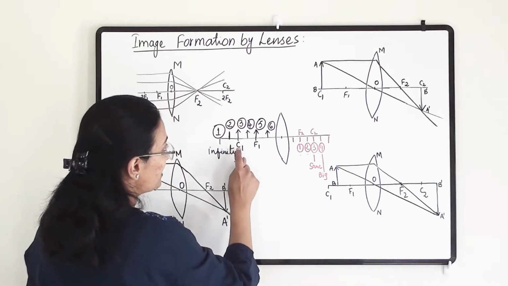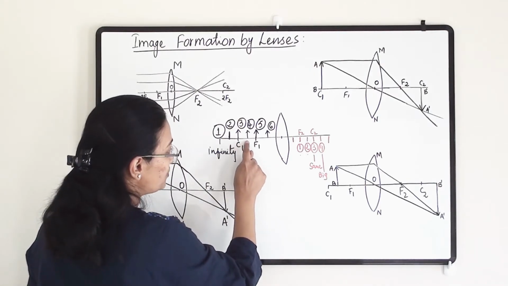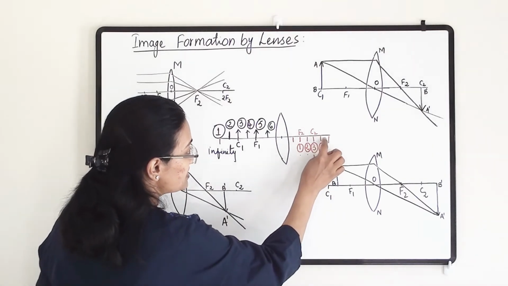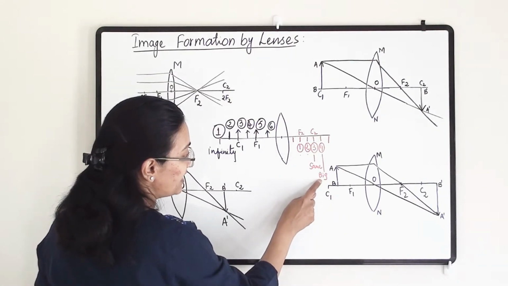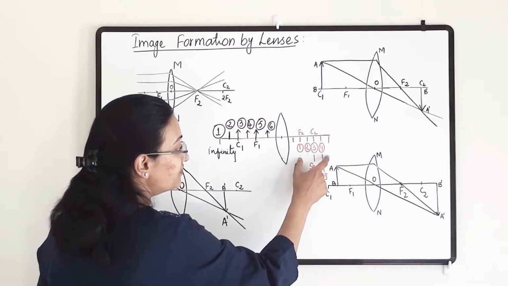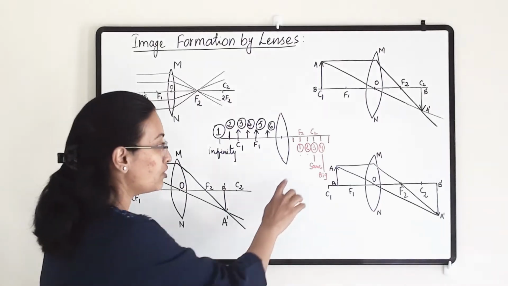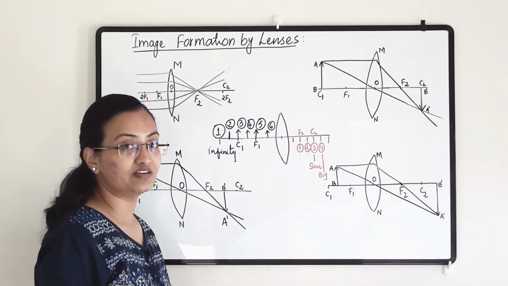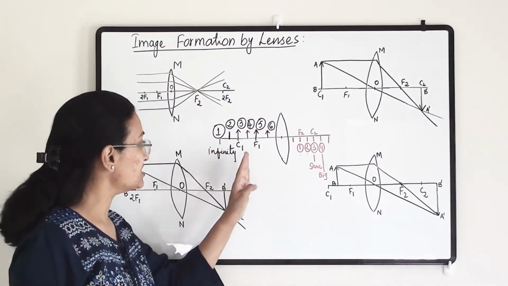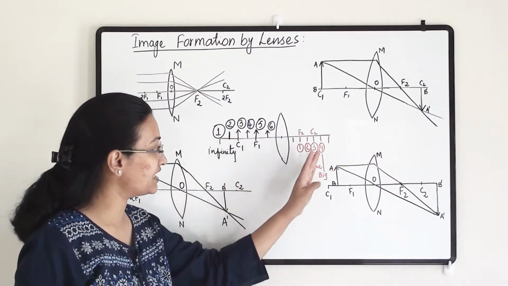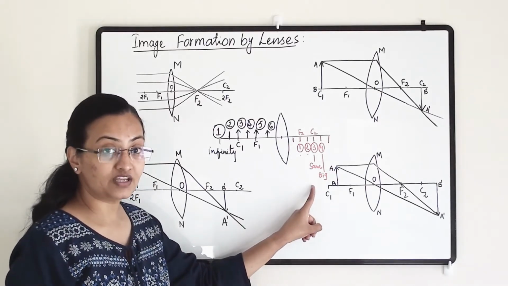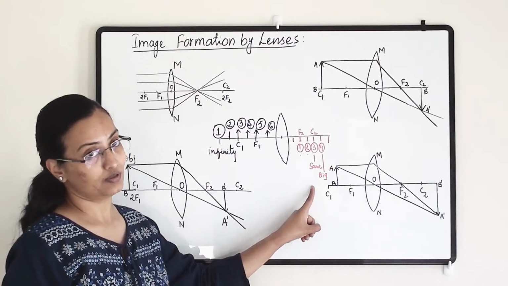When we keep the object in between C1 and F1, we get the image beyond C2, and the image will be enlarged. In all of these cases, we get the image real and inverted. If you remember it like this, it will be easy for you to discuss each and every case, and you can also remember the nature and size of the image.